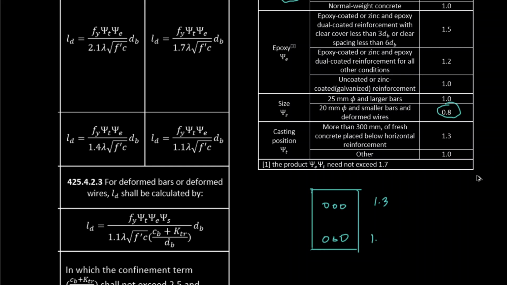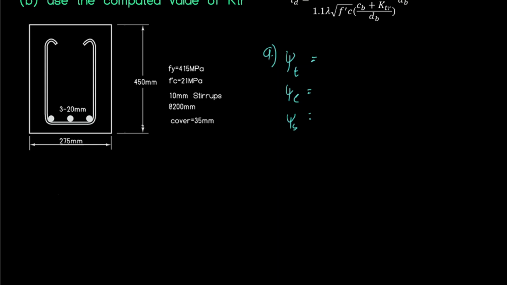Okay, so yan yung suggestion ni McGregor. So, 1 ang gagamitin natin. Meron tayong 1 para dito, 1 para sa epoxy at 0.8 para sa size. Yung lambda natin, huwag kalimutan na 1.